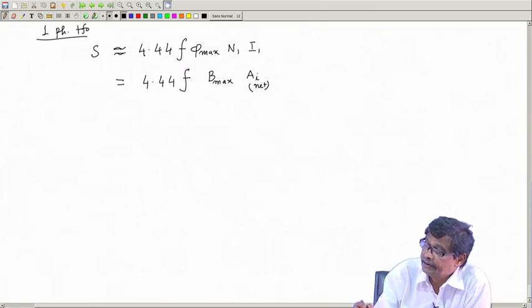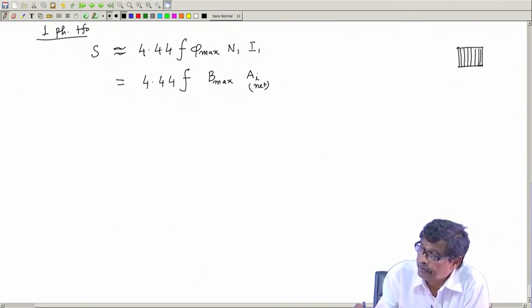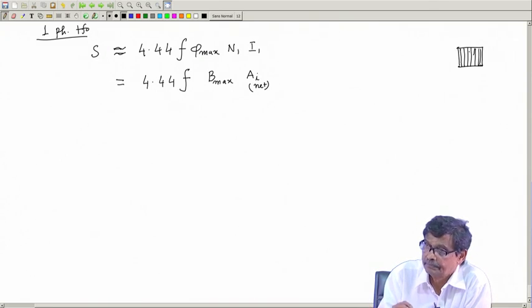We have seen that iron's cross sectional area, to realize this iron we use stampings. So, phi max is B max into the net area.